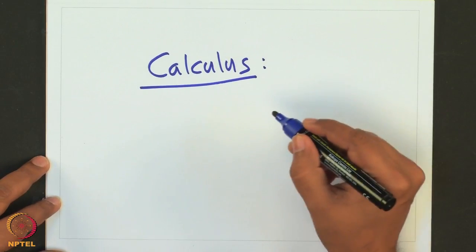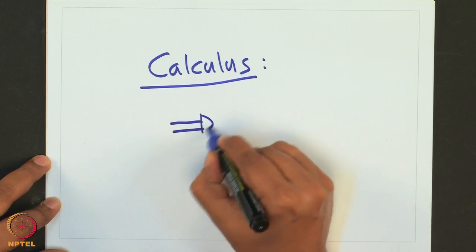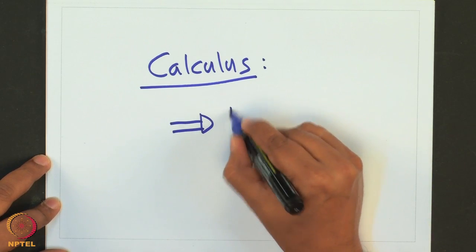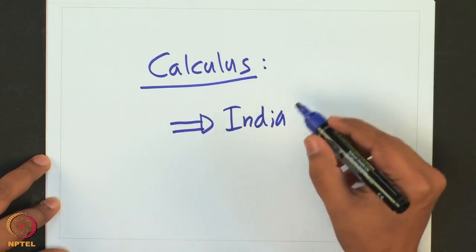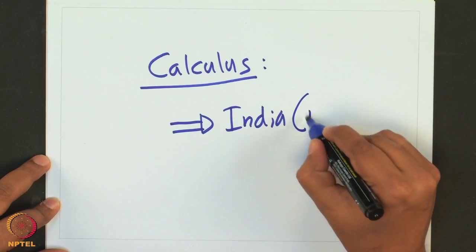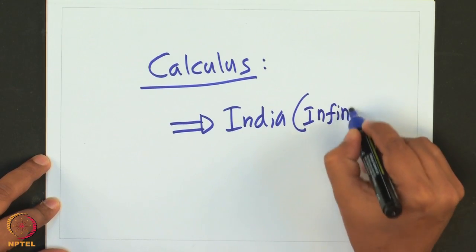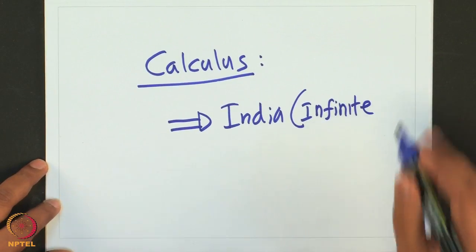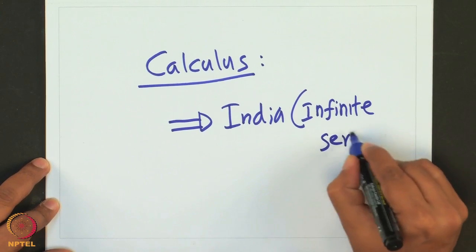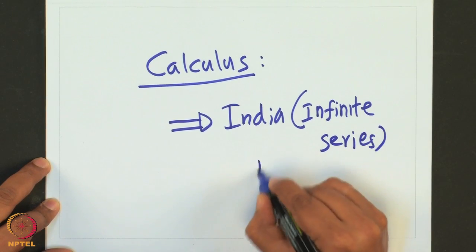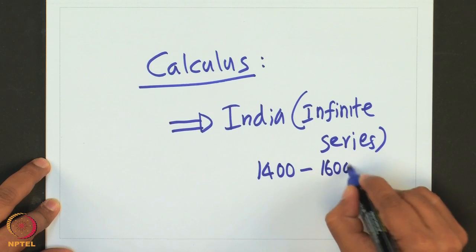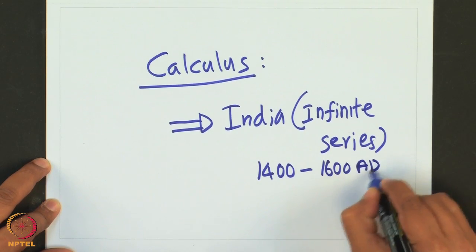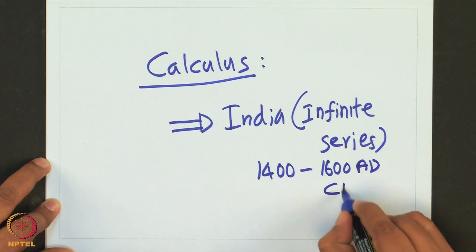This has some early knowledge in India, some introductory form of calculus in infinite series. This is the very beginning of calculus. This was 1400 to 1600, around 1500 AD, that is, or CE, it's called Common Era.